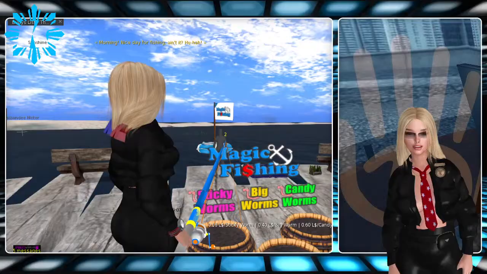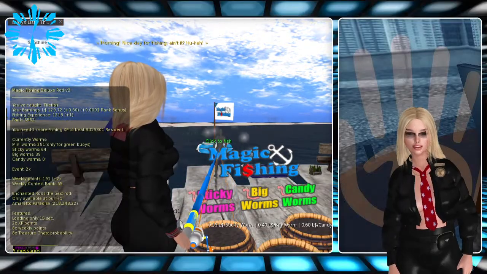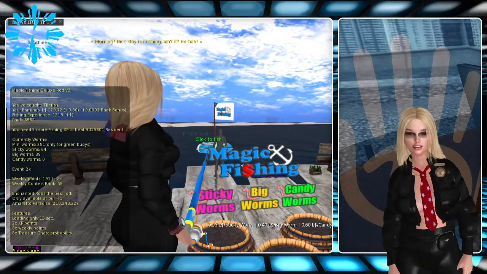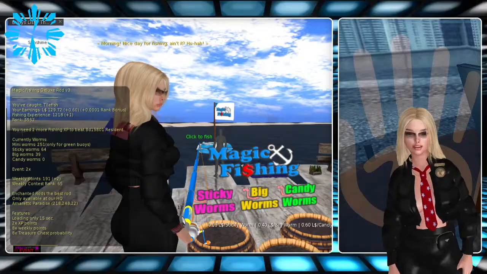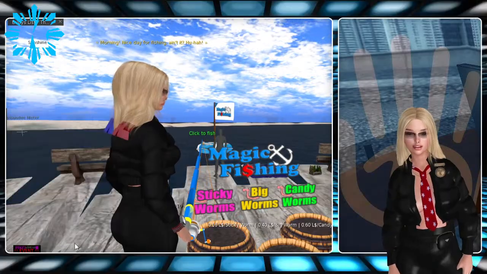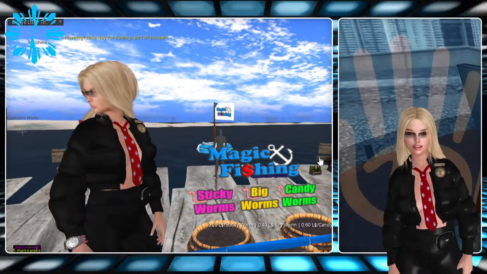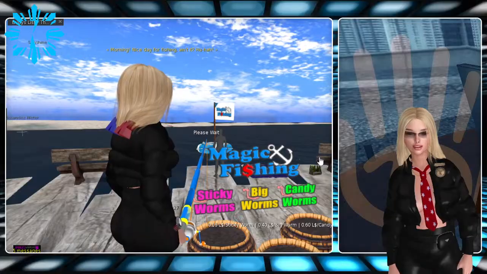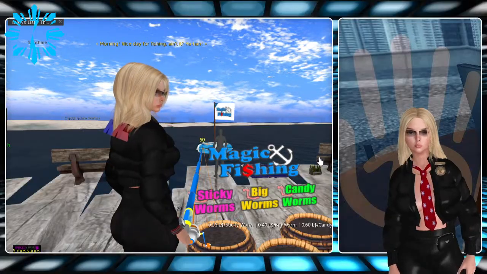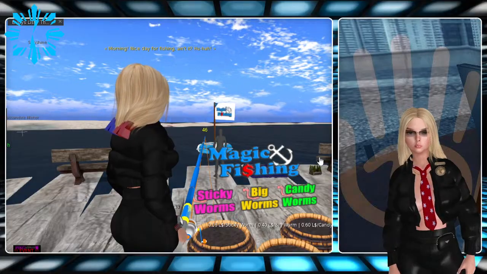And also, to maximize the amount of Linden Dollars you earn, focus on multiplier events. If there are multiplier events, then go to the multiplier event. Stop what you're doing and go to the multiplier event.